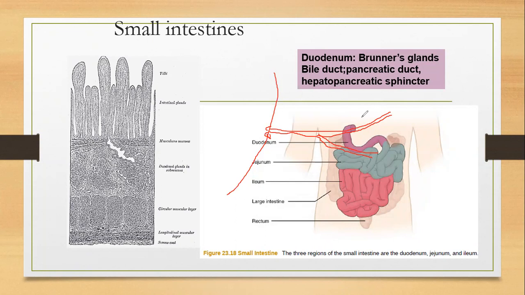So when you stimulate the gallbladder and the pancreas, they contract and eject their contents through this hepatopancreatic valve, and they'll release the contents into the duodenal lumen.